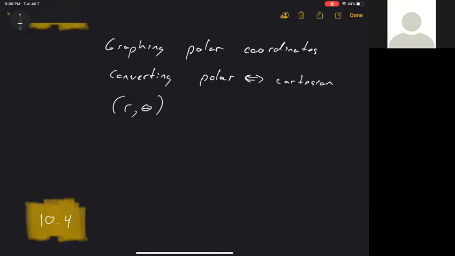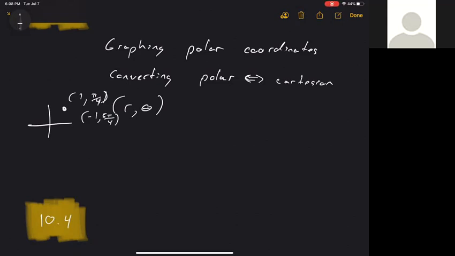we had one set of polar coordinates, and remember the idea that these polar coordinates are not unique. If I have this point in polar coordinates, maybe that's 1, pi over 4, but I could also write that in a different way. I could write that as -1, 5 pi over 4.